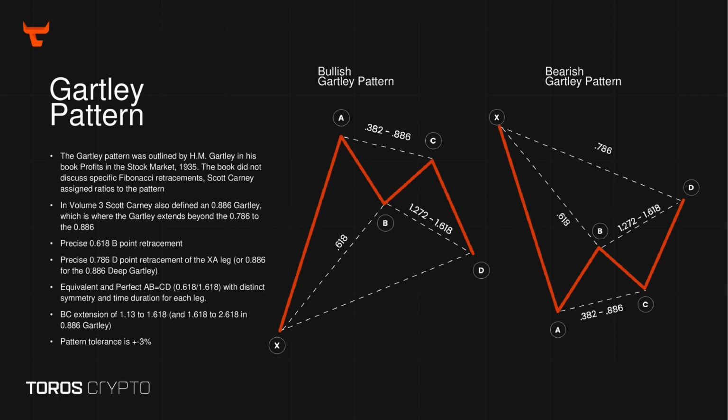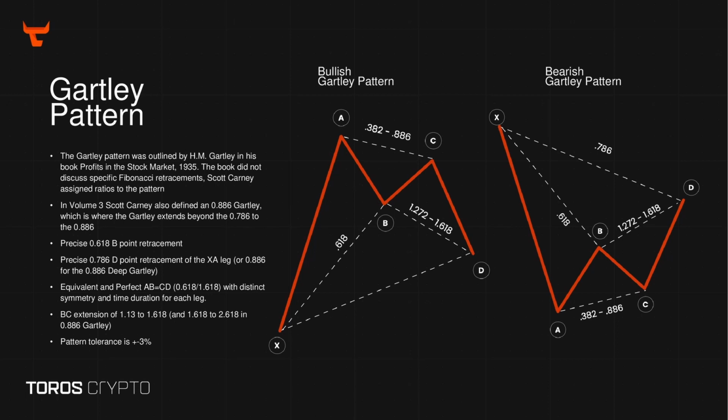You then come into the C point, which again has that same ratio for all the M and W patterns of between a 382 to an 886. You project that BC down into the D point, and that is between a 1.13 to a 1.618. You are also looking for the XA leg retracement into that D point of a 786.